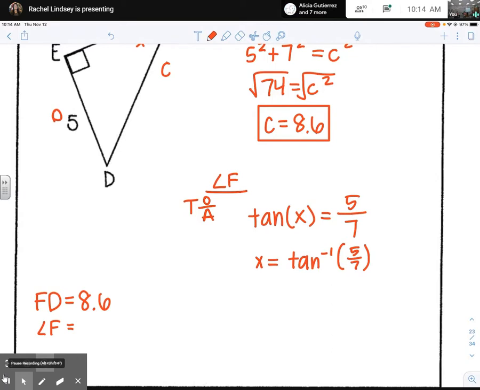Like if you were doing this problem and you didn't want to write that first step, you could only write that one and that would be fine. But I need to see some kind of work. So when you put tan inverse of 5 over 7, what is it? 35.5. So X would equal 35.5.